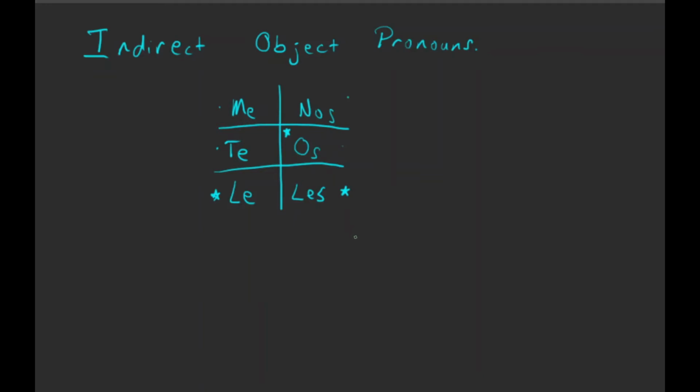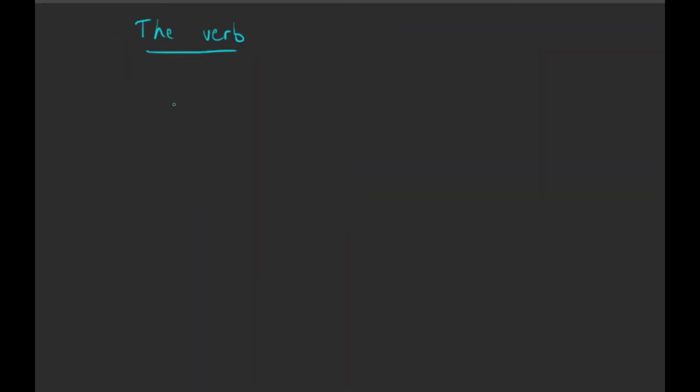For the indirect object pronouns, those third person forms are le and les. The verb itself, when it gets used normally in these constructions with verbs like gustar, is regularly only going to be in the third person singular or the third person plural, depending on the object that is causing the pleasant feeling with the verb gustar.